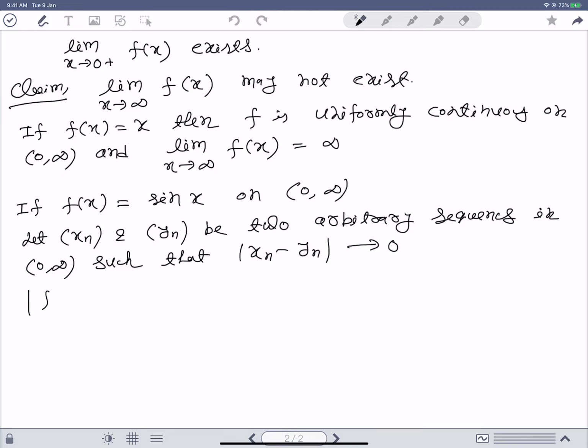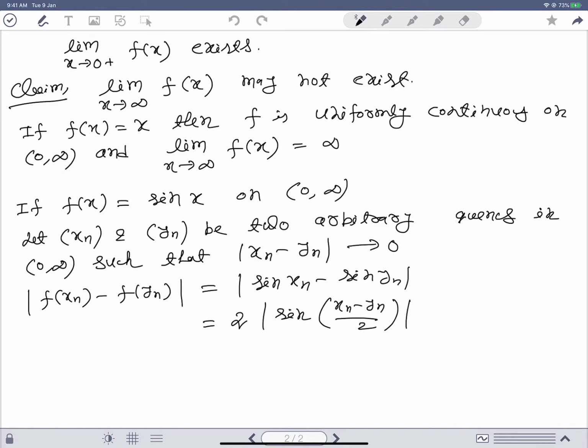Now what about |f(xn) - f(yn)|? That is equal to |sin xn - sin yn|, and that is equal to 2 times |sin((xn - yn)/2) cos((xn + yn)/2)|. Now that is less than or equal to 2|sin((xn - yn)/2)|.